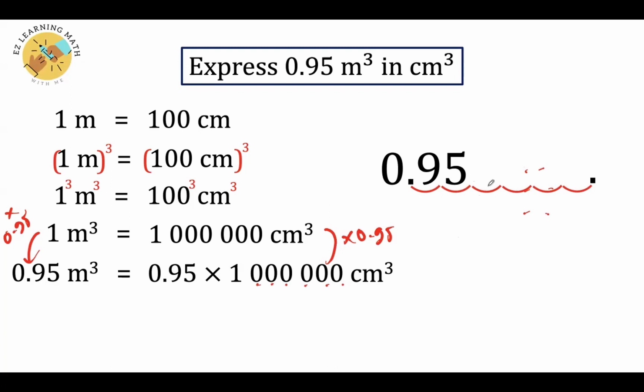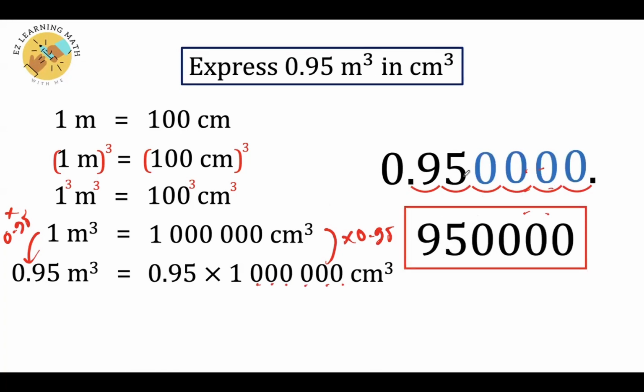And now let's fill these with 0, 1, 2, 3 and 4. It is 950,000. So 0.95 meter cube equals 950,000 centimeter cube.